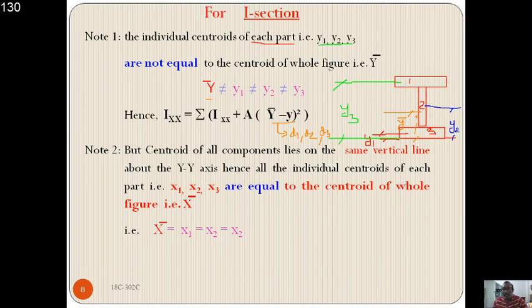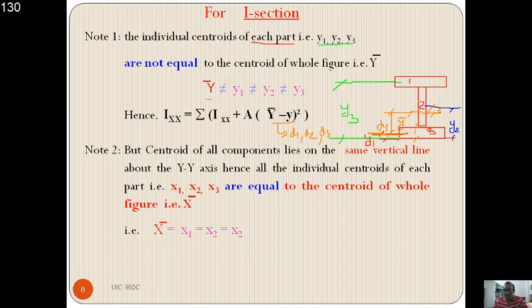So what would be d1, let us say? From this point to this y bar point, this is d1, because I am considering the distance between y1 and y bar. So y1 and y bar give d1. For this point, from this point to this point, it is d2.